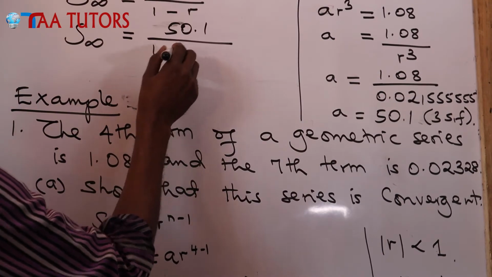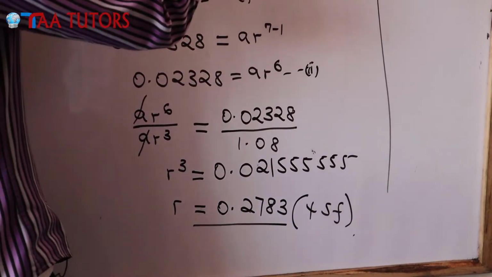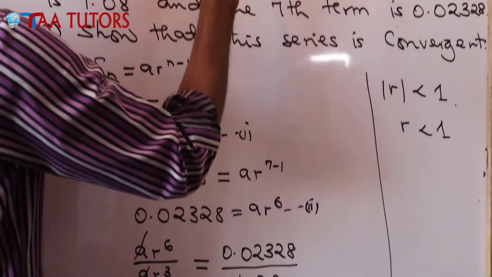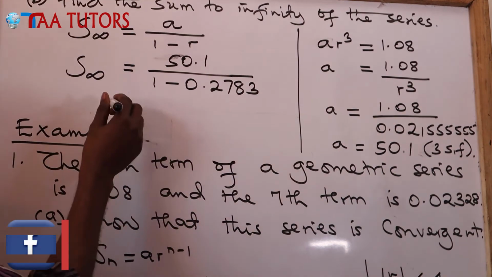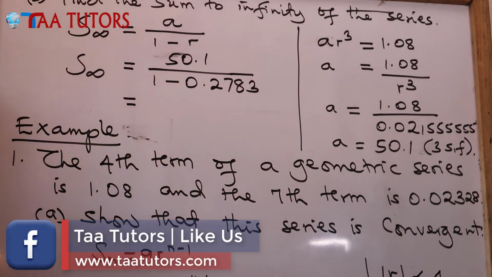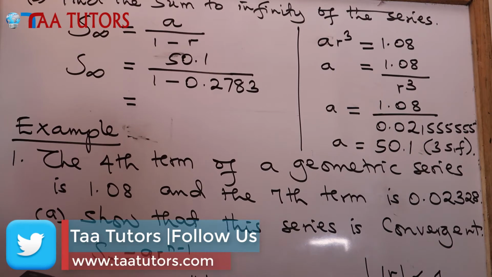Over 1 minus r, and our r is 0.2783, again correct to 4 significant figures. So this will be 50.1 divided by 1 minus 0.2783.